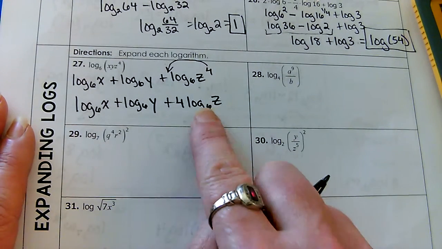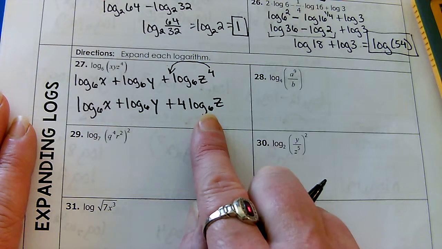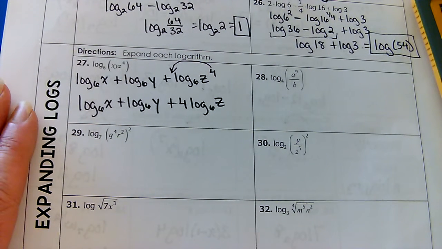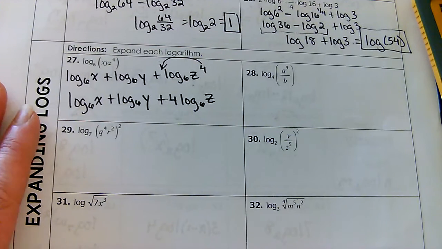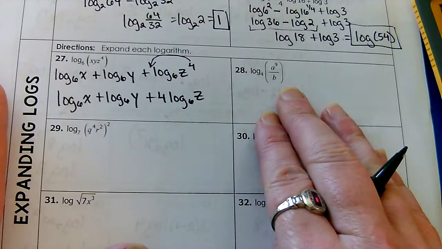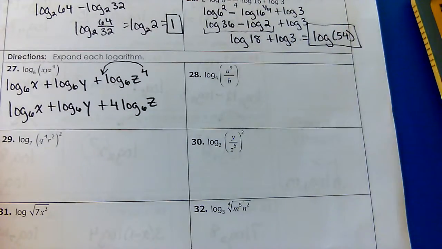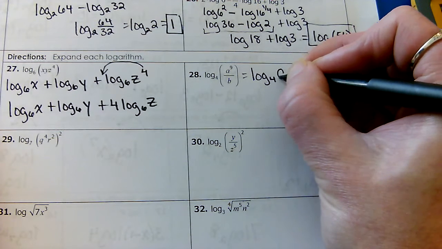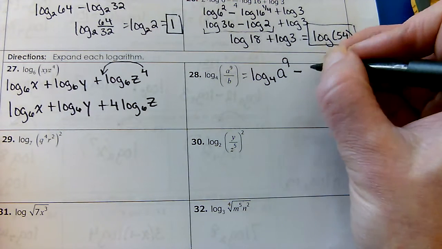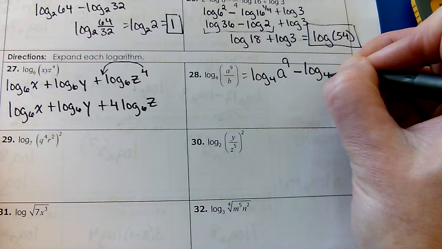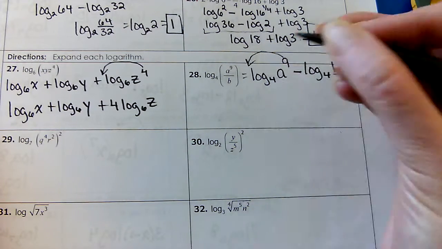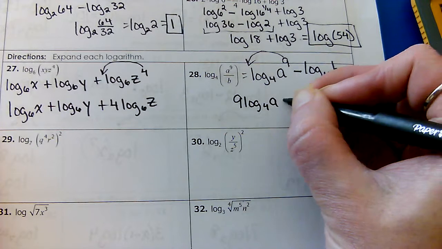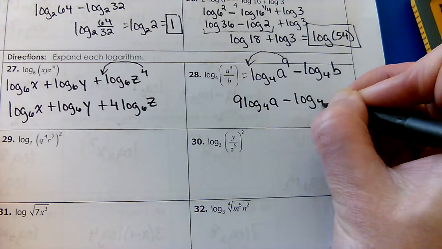Now, could I have also written that as log base 6 of z plus log base 6 of z plus 4 times? I could have. But this is appropriate. This is being divided. So I'm going to separate it using subtraction. Exponent can go to the front. Done.